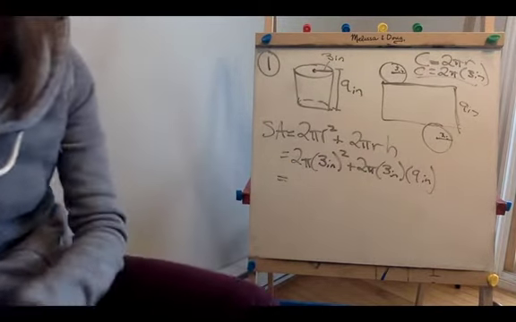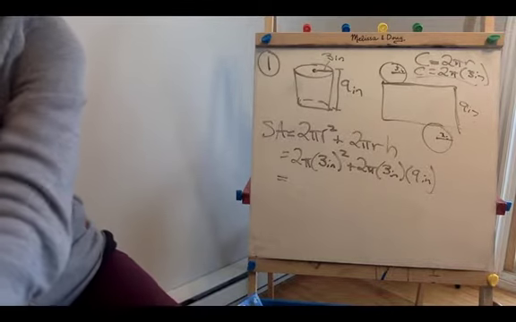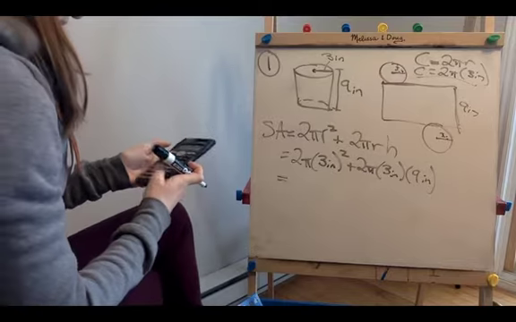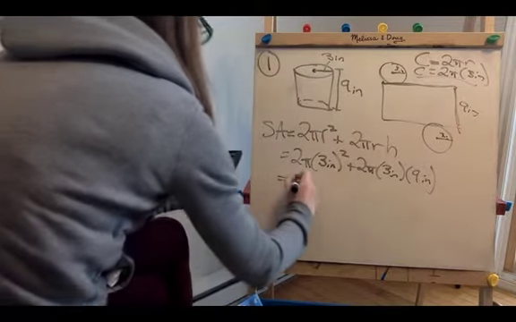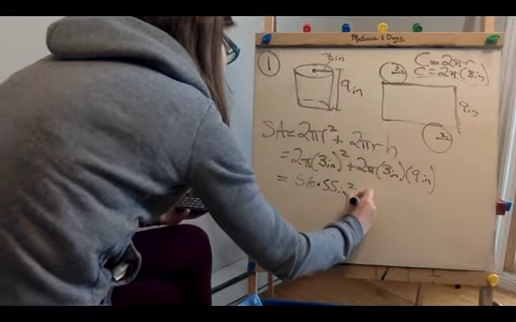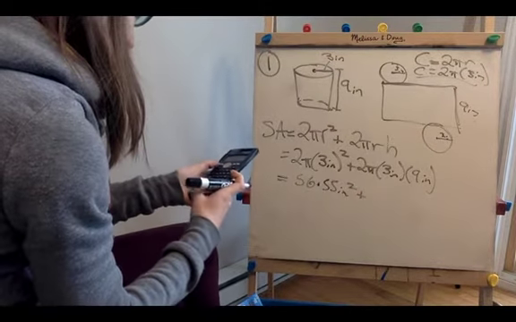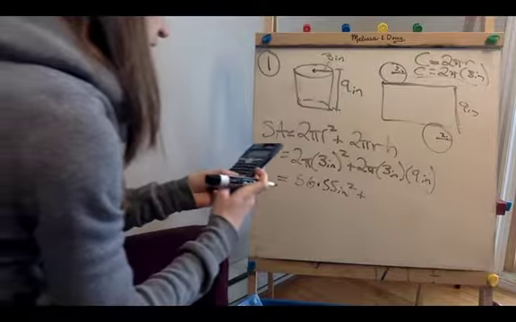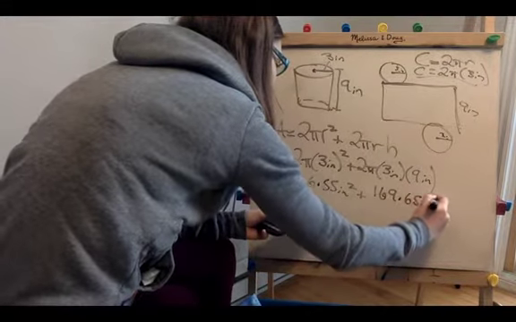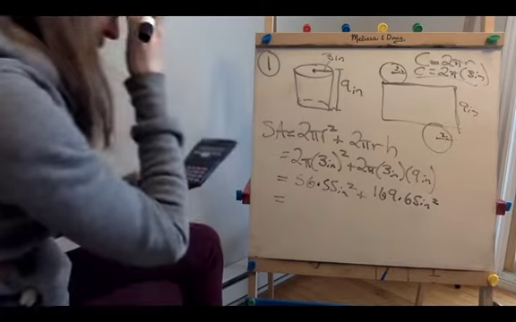Then we can just calculate those sections. 2 times pi times 3 squared gives us a value of 56.55 inches squared, and then 2 times pi times 3 times 9 is 169.65 inches squared, and then we can add those together.